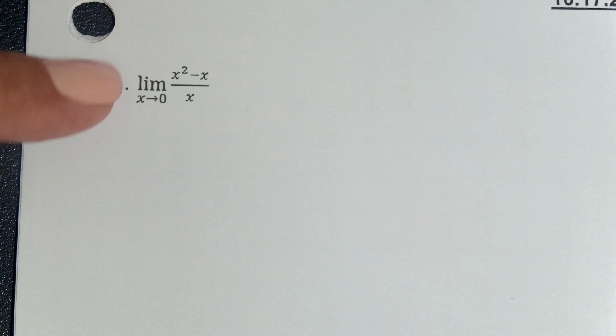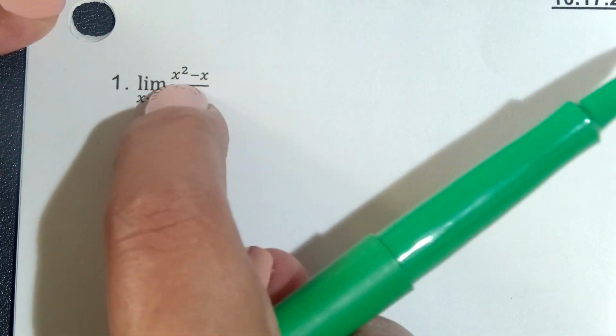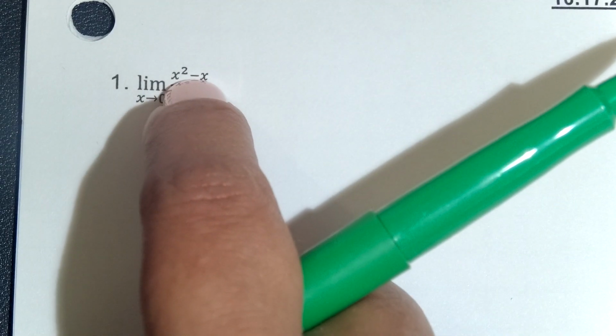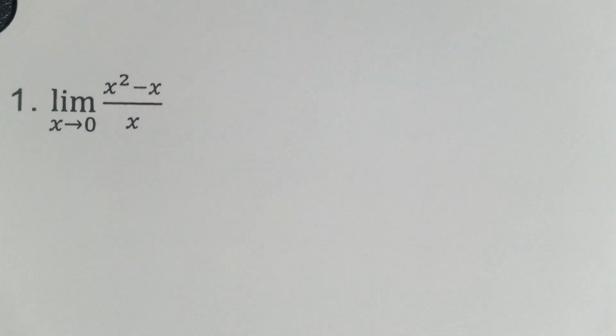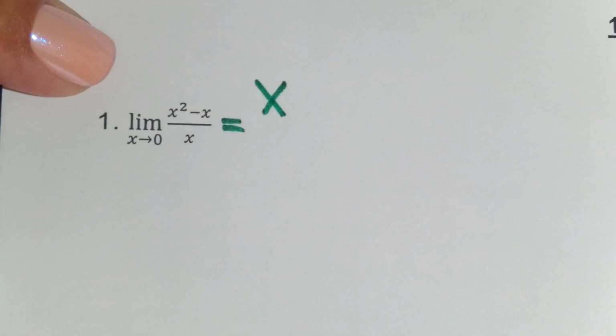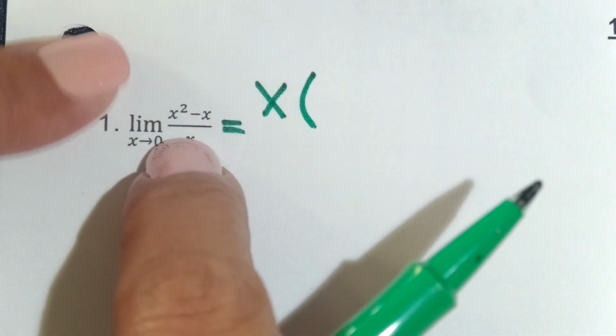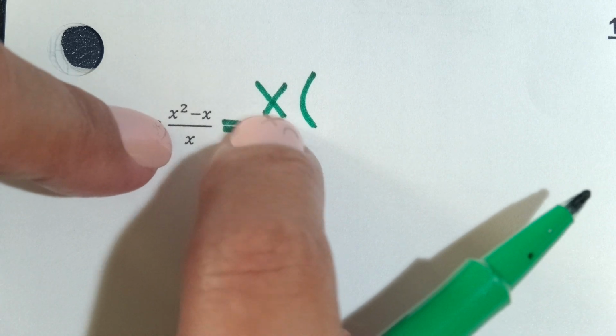Yeah, we can factor out the x, right? Both of these have an x in it. So this is what we were doing in the IXL. So I'm going to factor out the x. So how many x's did I factor out? 1.